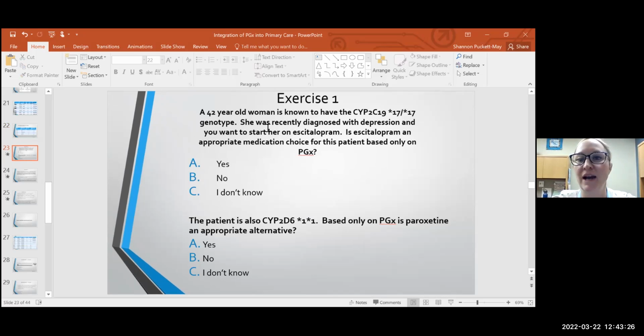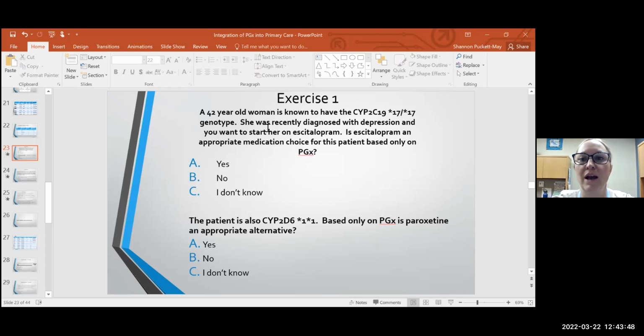A 42-year-old female is known to have the CYP2C19 *17/*17 genotype. She was recently diagnosed with depression, and you want to start her on escitalopram. Is escitalopram an appropriate medication choice for this patient based on her pharmacogenetics only? Yes, no, I don't know. First of all, what do you need to think about? What's the phenotype, right?